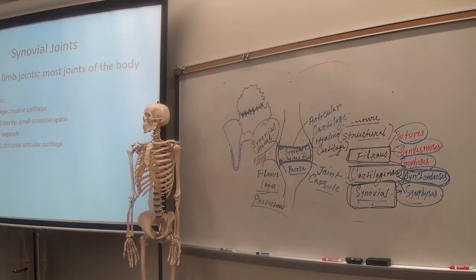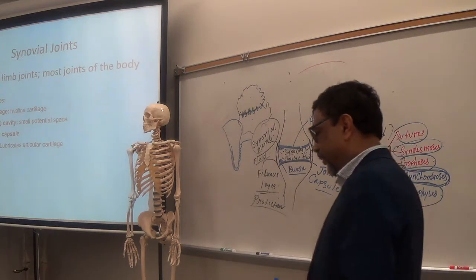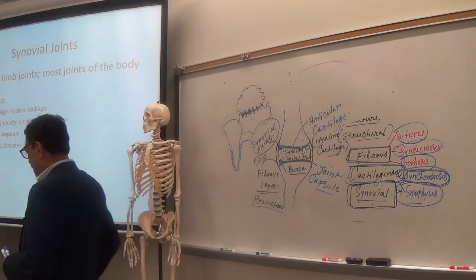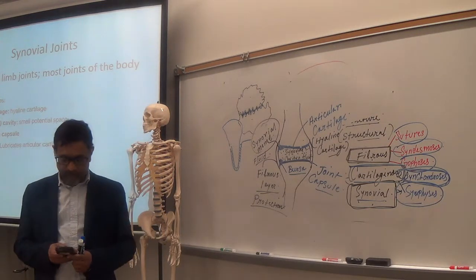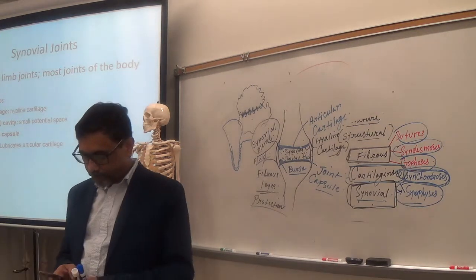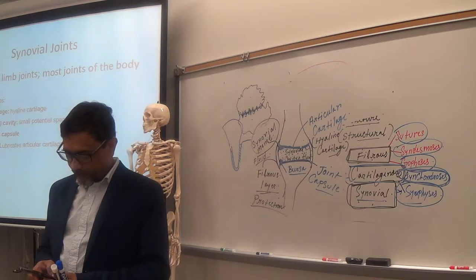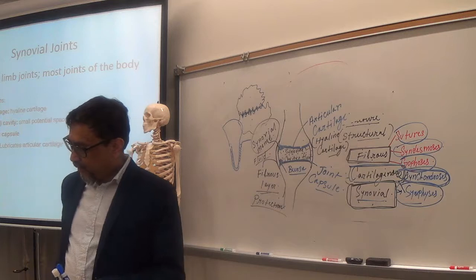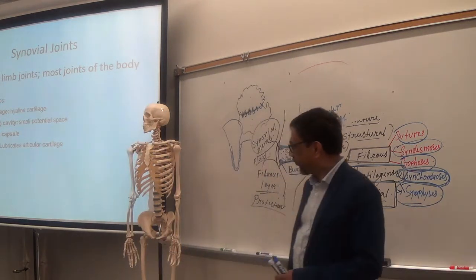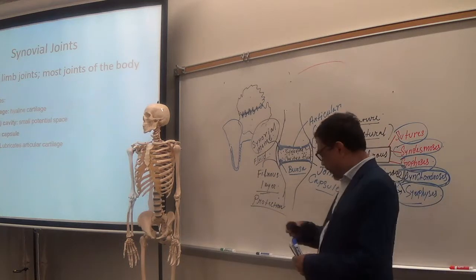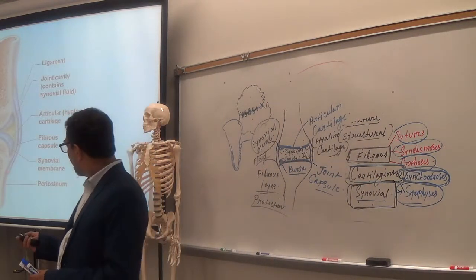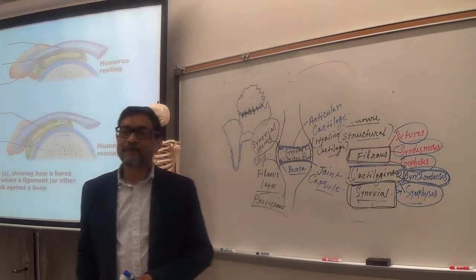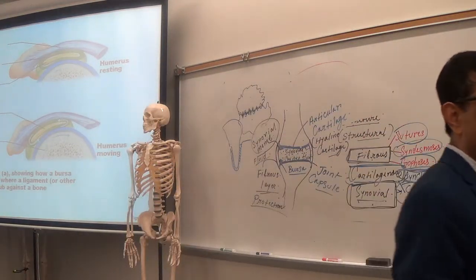That's why when I say what are the structures you have in a typical joint, we don't include bursae, because bursae are not present in all synovial joints, only some. But bursae are present in some synovial joints. And bursae act as ball bearing.